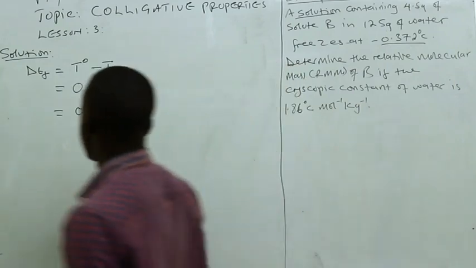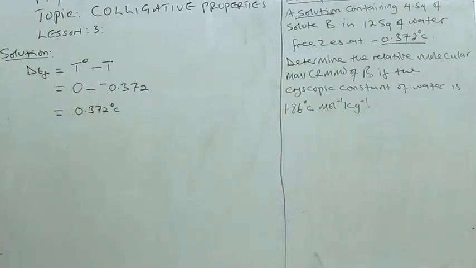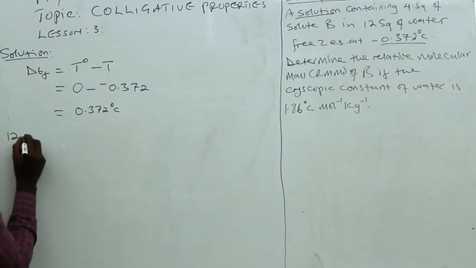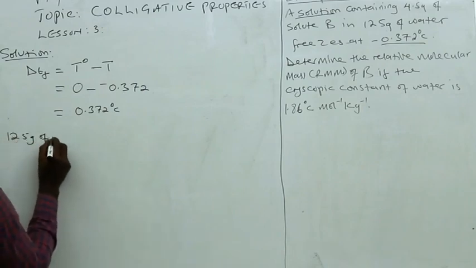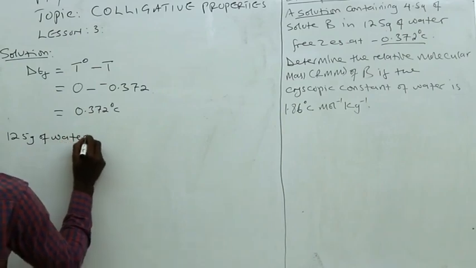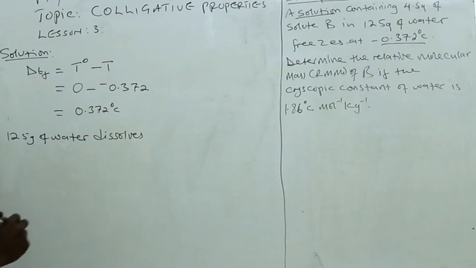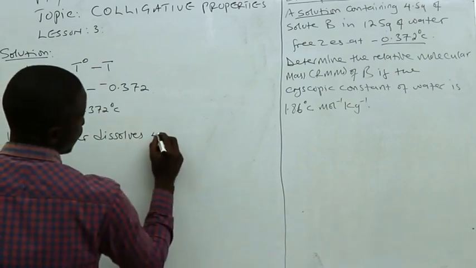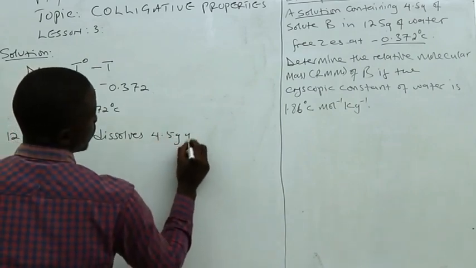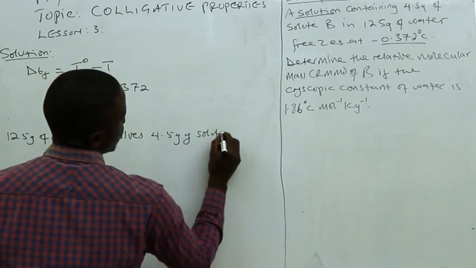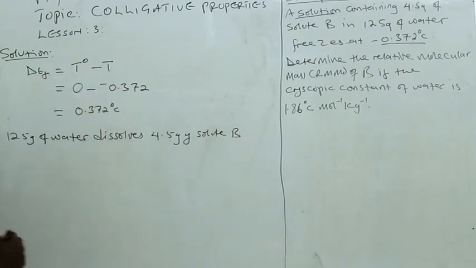So by first principle, you will say that 125 grams of water dissolves 4.5 grams of solute B. Okay? So what about 1,000 grams?